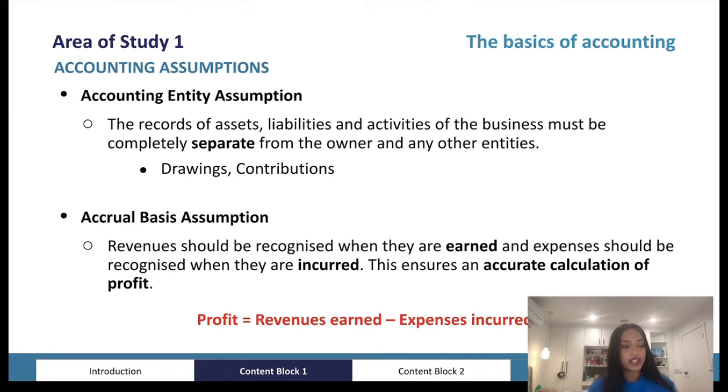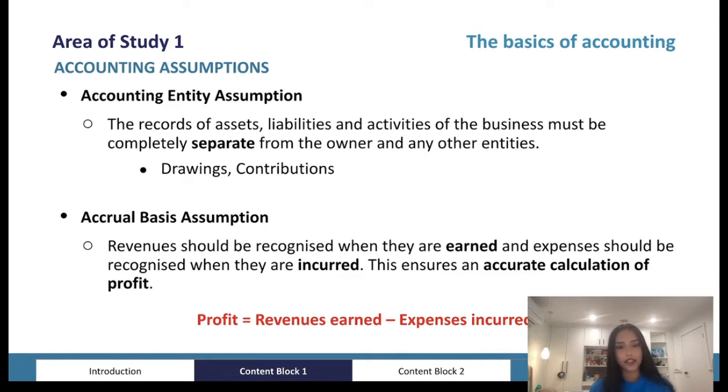The second assumption is the accrual basis assumption, which states that the business, so basically, there are 3 main components to the accrual basis assumption. Firstly, all revenues have to be recognized when they are earned. That means that when the sale, or whatever type of revenue it is, is earned, it needs to be recorded.